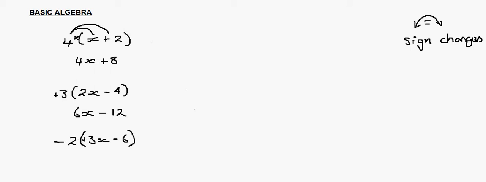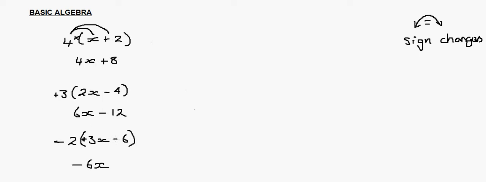If it helps, write the sign in. There's nothing to stop you doing it. So minus times a plus is minus, and 2 times 3x is 6x. Now we have minus 2 times minus 6.